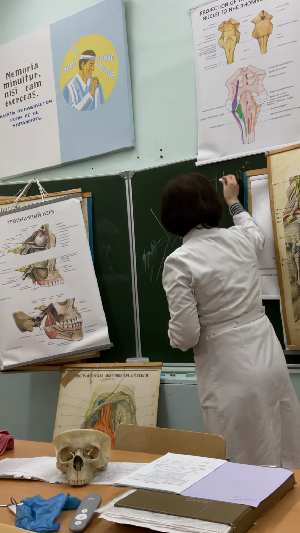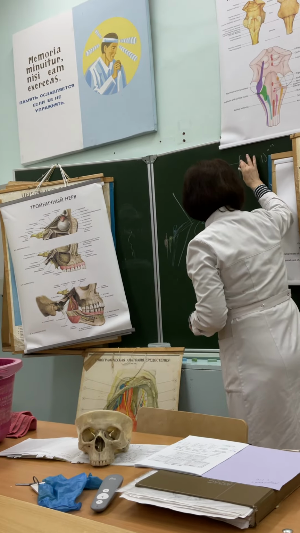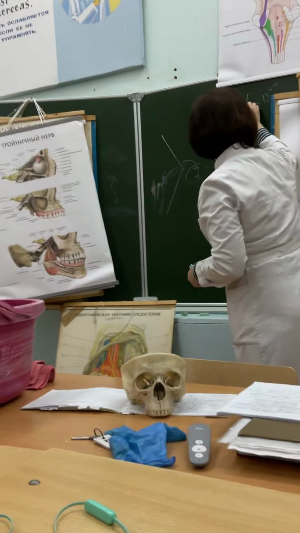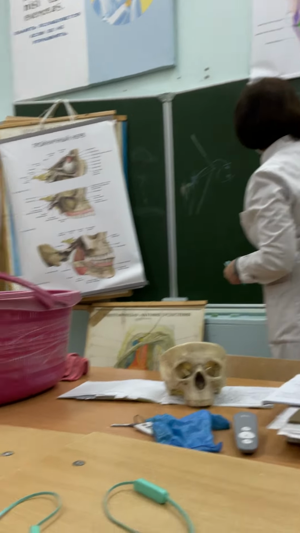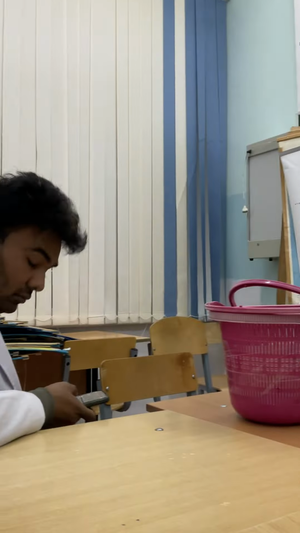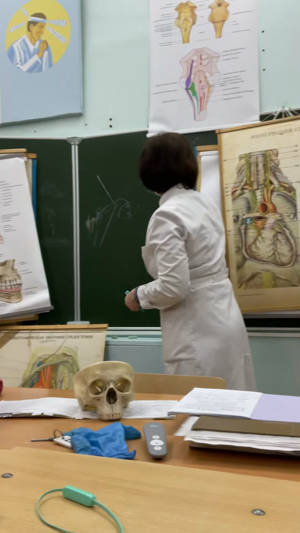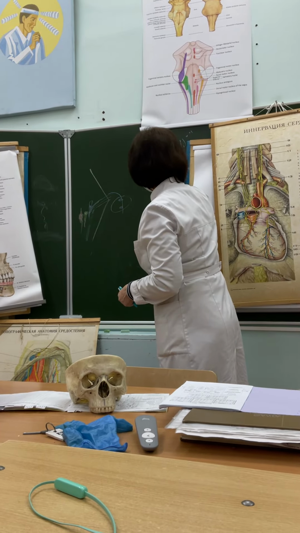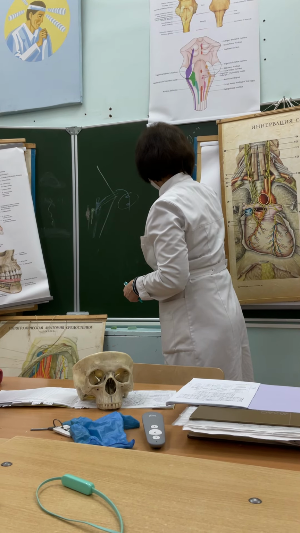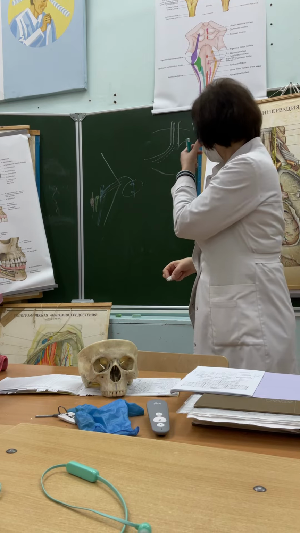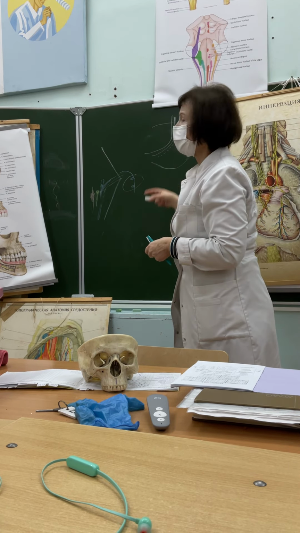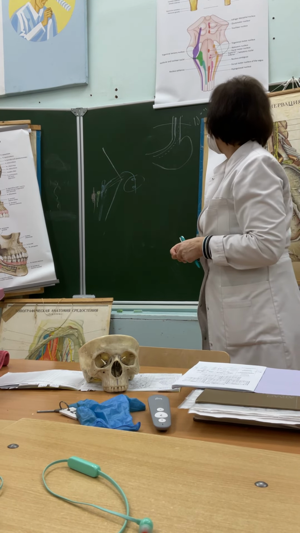The anterior vagal trunk will run along the anterior surface of the esophagus, the posterior along the posterior. They come to the lesser curvature of the stomach, and then the anterior will run over here, the posterior will run over here, both along the lesser curvature. So this is the abdominal part, okay?